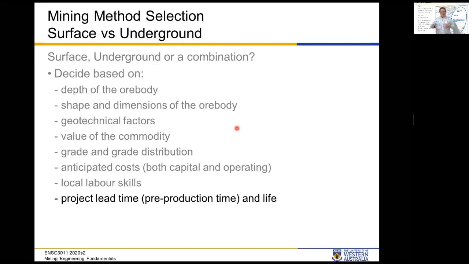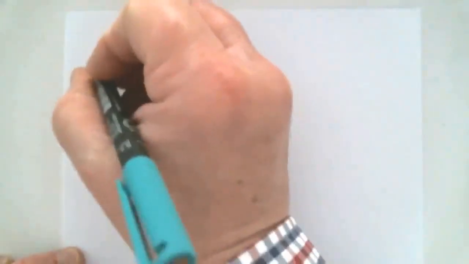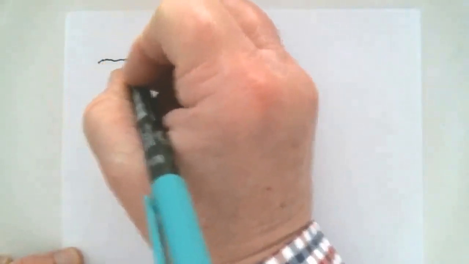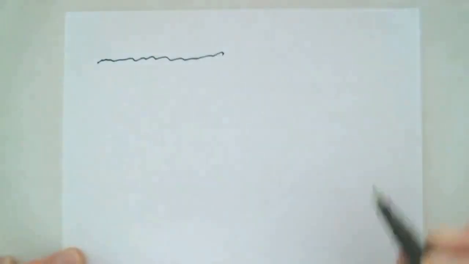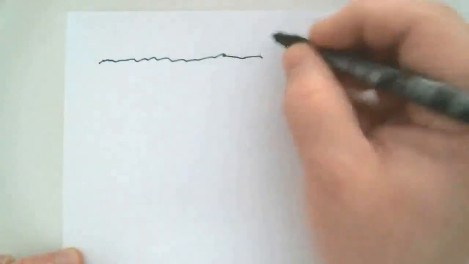And a good example of this is maybe Olympic Dam. I'll just switch to my whiteboard to explain that one. So Olympic Dam is probably the last major world-class deposit found in Australia.